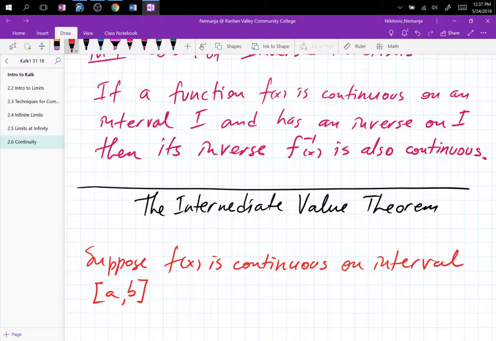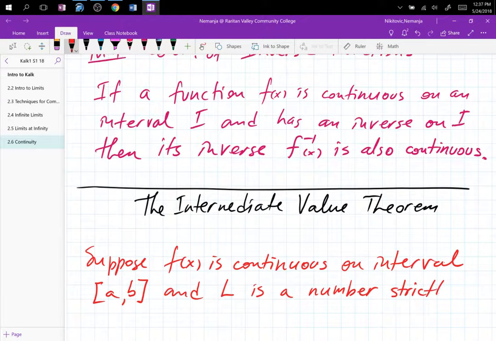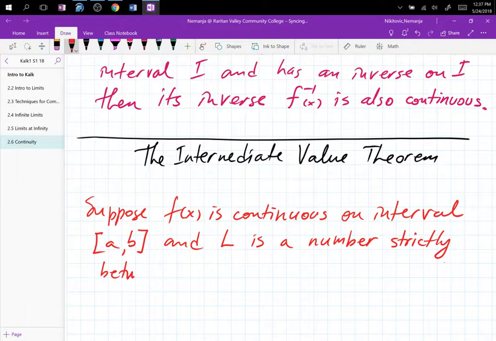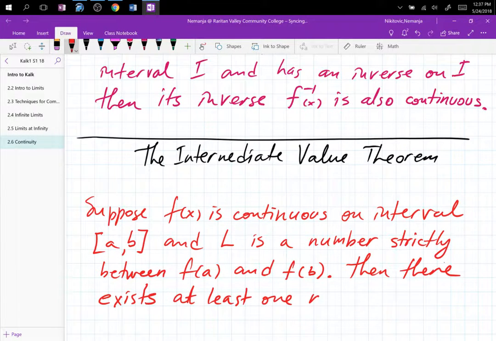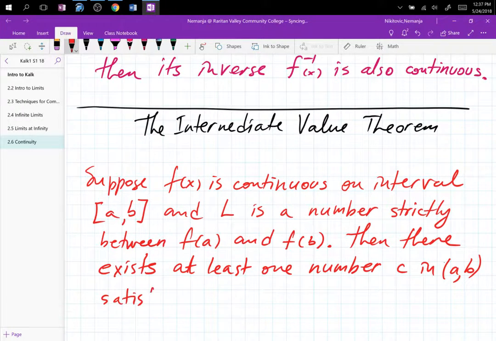So a closed interval. And L is a number strictly between f of A and f of B. Then there exists at least one number C in the open interval AB satisfying f of c equals L.